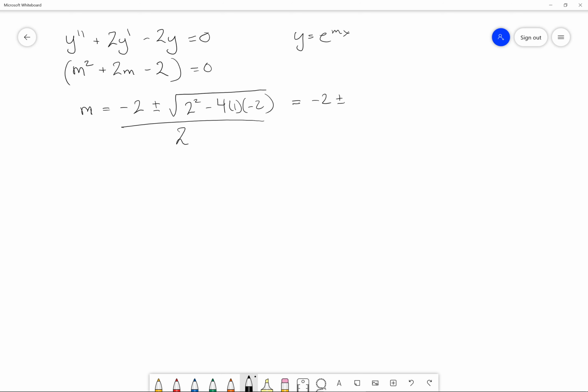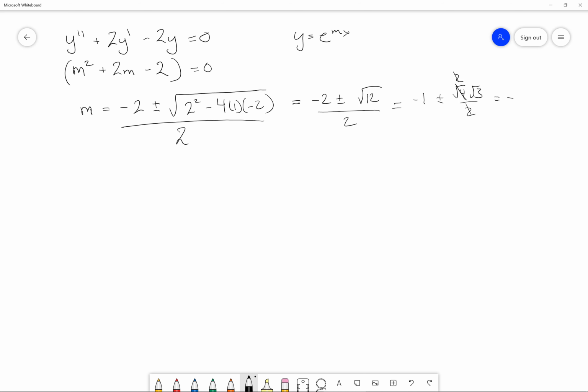So our solution for m is negative 2 plus or minus the square root of 4 plus 8, which is root 12, all divided by 2. So the real part is negative 1 plus or minus. Now root 12 is what? It's root 4 by root 3, and really root 4 is just 2, so we can cancel that out.